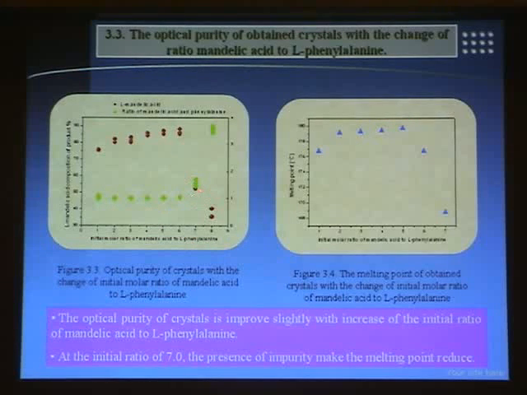However, from this ratio it is different. So I used the DSC method to determine the melting point, because impurity can reduce the melting point of the diastereomeric compound, as you can see here.